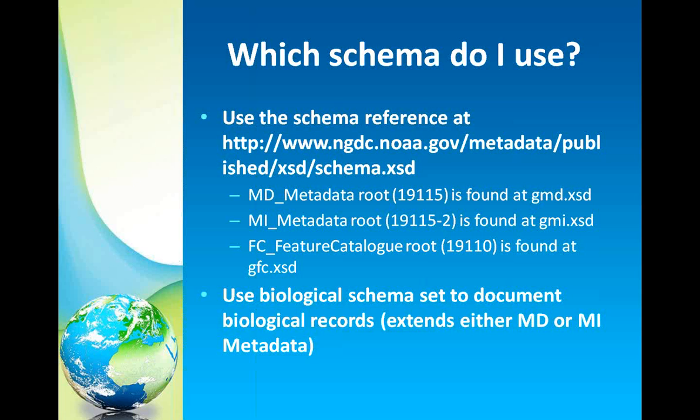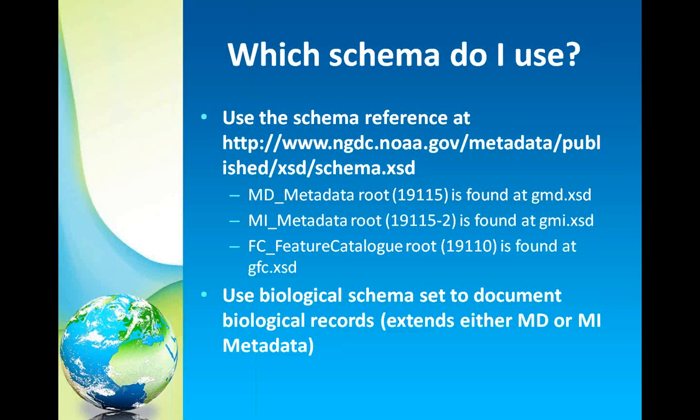The first step, if you're looking at a metadata record, is to make sure that you have the proper schema associated with it and the proper namespaces. If a record has the root MD_Metadata, that's the ISO 19115, then you need to apply the gmd.xsd. That's the one you're going to point to.